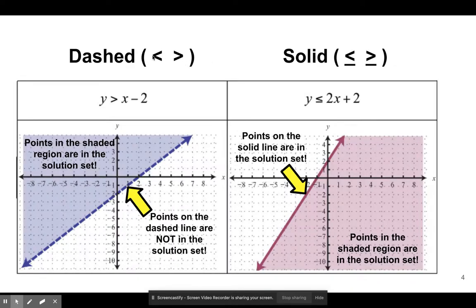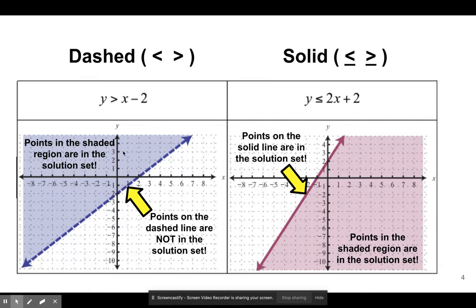If we have just the less than or greater than sign without the equal to, then we will use a dash line, right? And so any points that are in the shaded region are a part of the solution set, meaning that if I plug those values in, the inequality will be true. Because this is a dotted line, any points on the dash line will not be true.